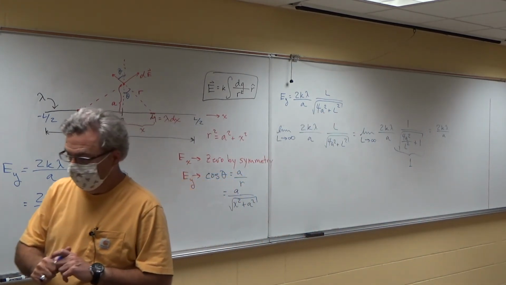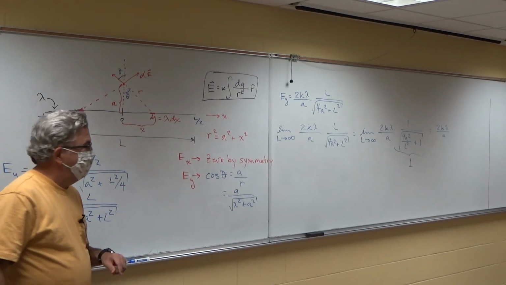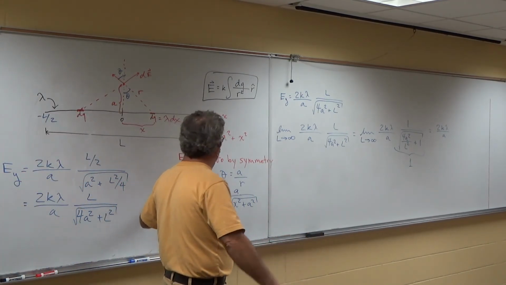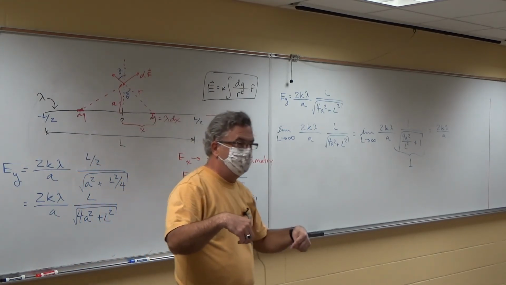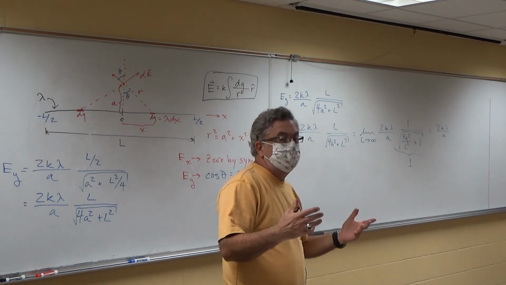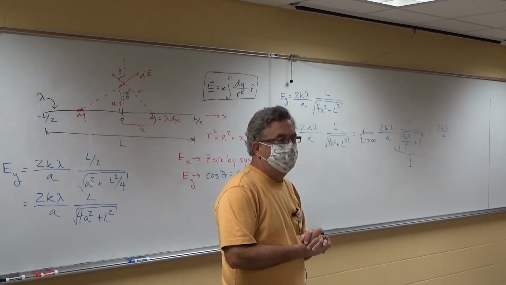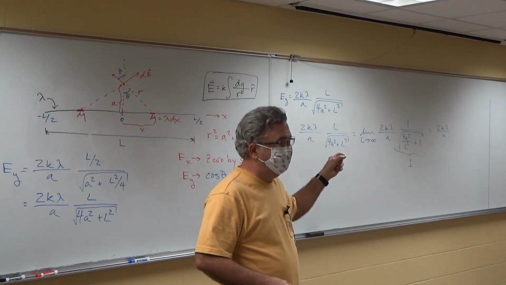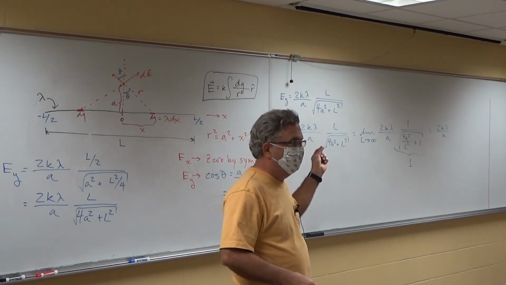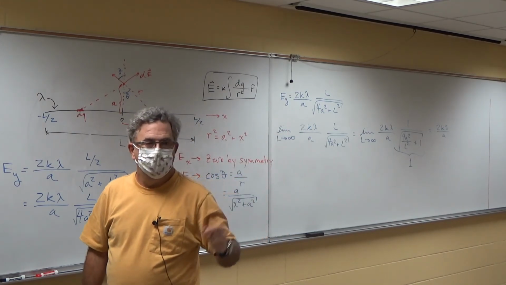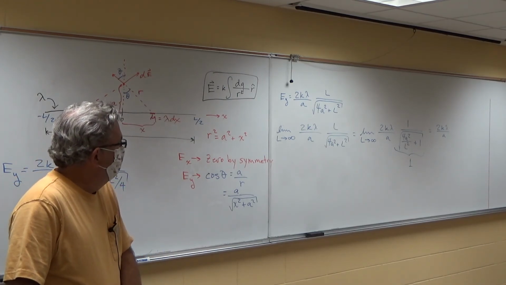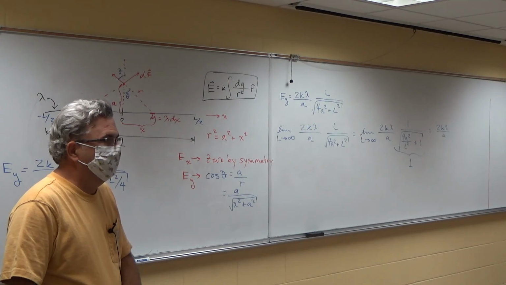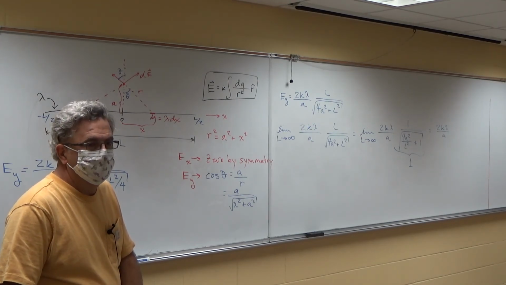This says that for a very, very long wire, as you increase a, the electric field decreases like 1 over a, not like 1 over a squared like a point charge would. Goes like 1 over a. That's going to be an important result for us eventually.